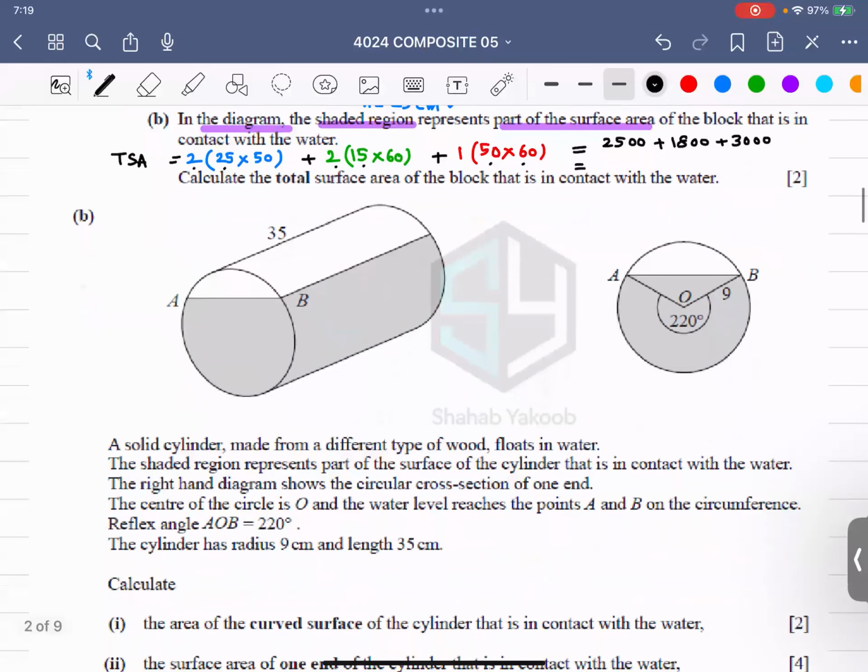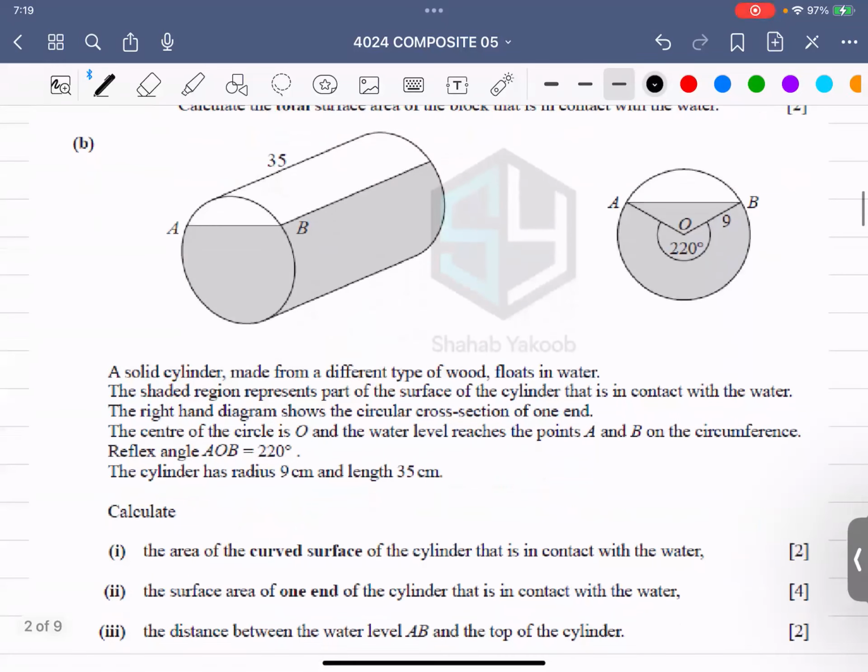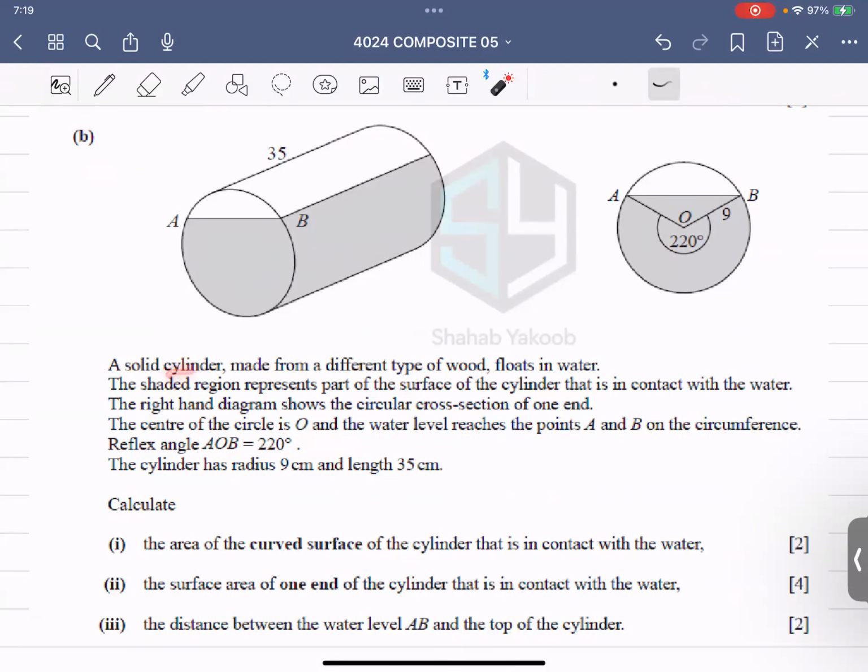Now, let's look at part B. Part B says, a solid cylinder made from a different type of wood floats in water. The shaded region represents part of the surface of the cylinder that is in contact with water. The right-hand diagram shows the circular cross-section at one end.